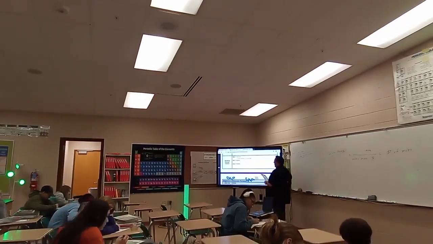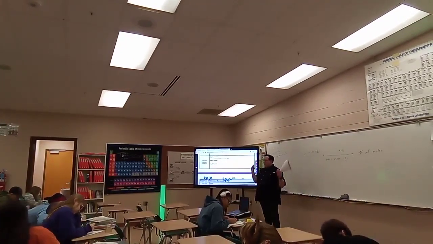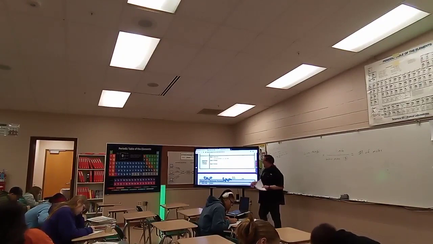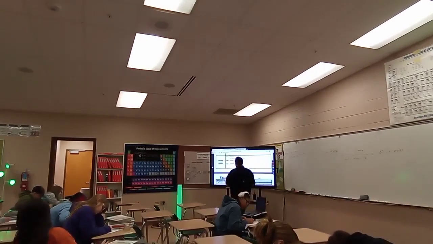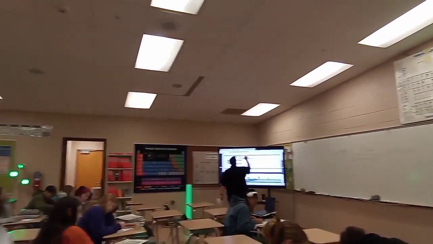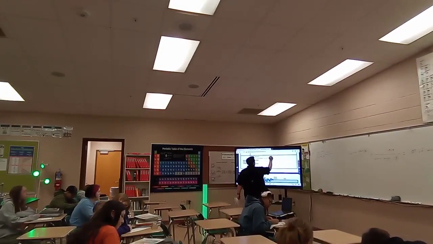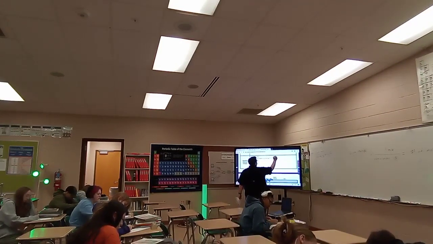So, down here, here's the steps for getting the molecular formula. We're assuming that you already got the empirical formula. And you go, okay, I need to determine the mass of the empirical formula.